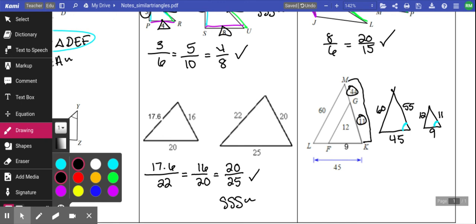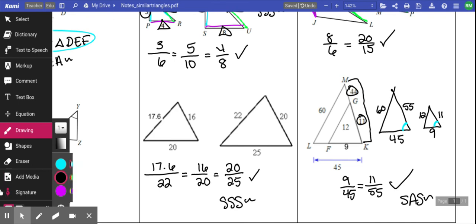I'm going to just check the two sides because I want to use side, angle, side. So again, maybe I want to use the smaller triangle first, so the numbers are going to have to go on top. Okay. And are they equal? Yes. So this is similar by side, angle, side similarity.